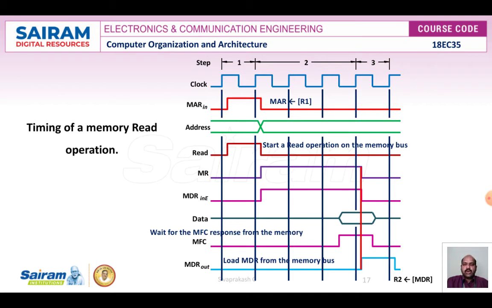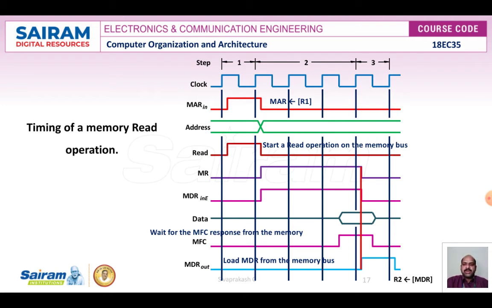Later, the memory data register is loaded from the memory bus, waiting for the memory function complete response from the memory. Later, the data is loaded into R2 from the memory data register.